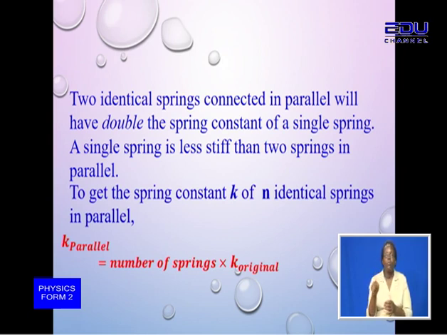What is a spring constant? The spring constant is simply the gradient of force against extension, and it is a measure of the stiffness of a spring. A stiffer spring is always going to have a spring constant value that is higher than the one that is less stiff.